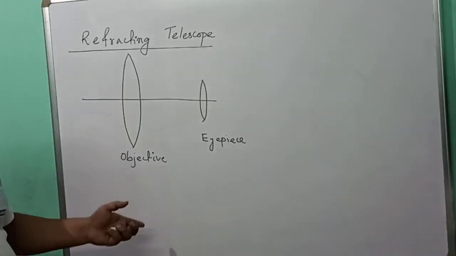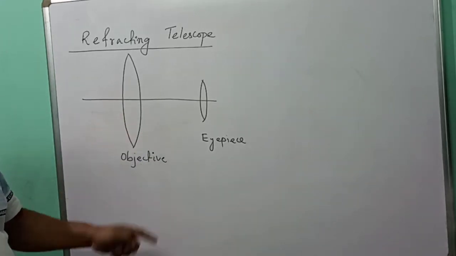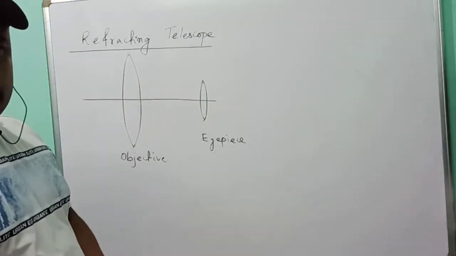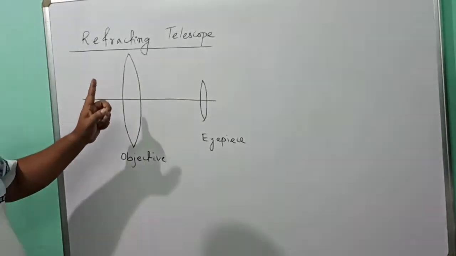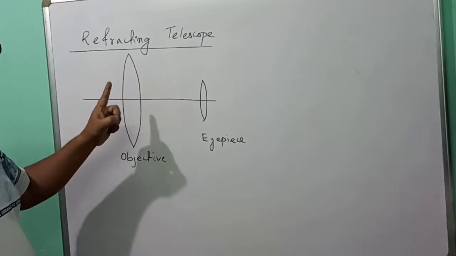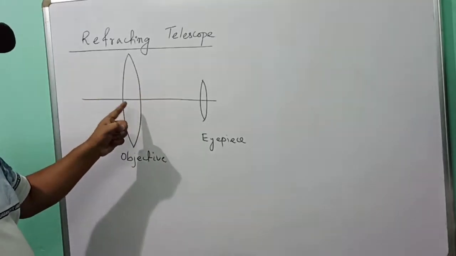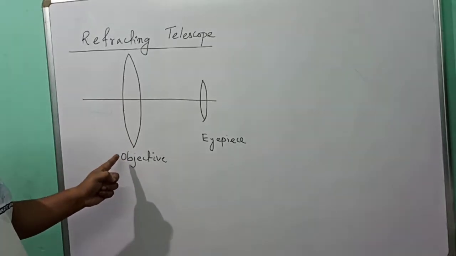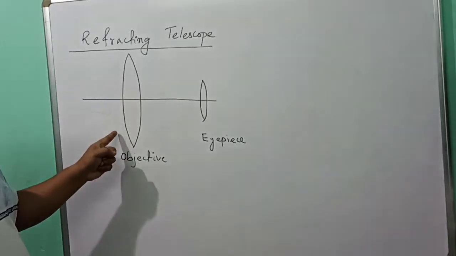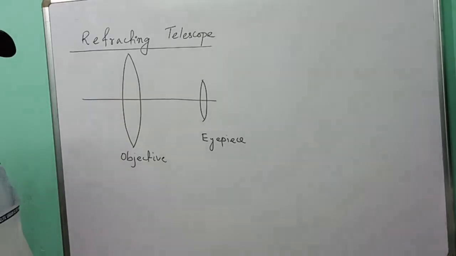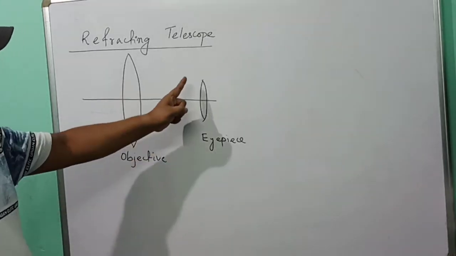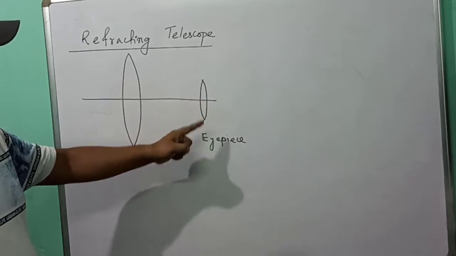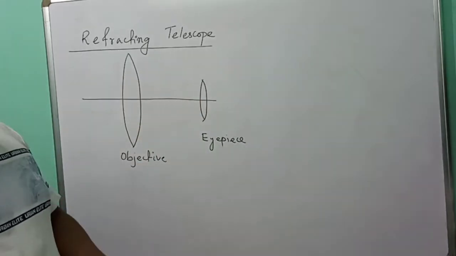So in both cases we can find the magnifying power of the telescope. Understood? So the refracting telescope consists of two converging lenses. One is the objective, which has a larger aperture and larger focal length. The second is the eyepiece lens, which has a smaller aperture and smaller focal length.